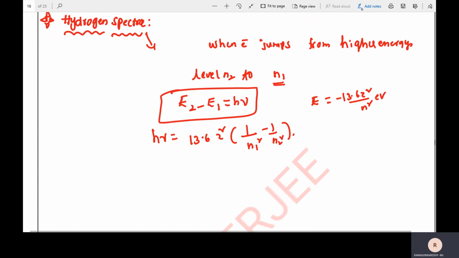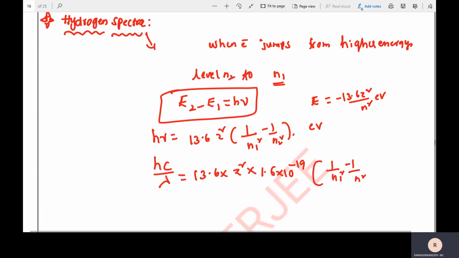In terms of joules or in terms of electron volts? In terms of joules, multiply with 1.6 into 10 to the power of minus 19. That energy is equal to h nu, that is hc by lambda, equal to 13.6 into Z square into 1.6 into 10 to the power of minus 19, converted into joules, times 1 by n1 square minus 1 by n2 square.